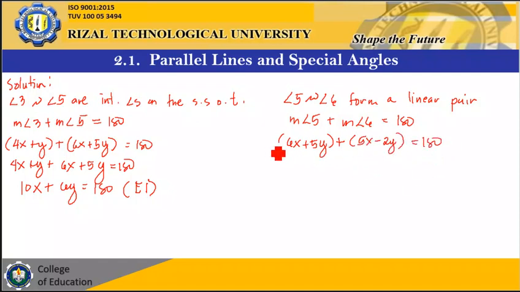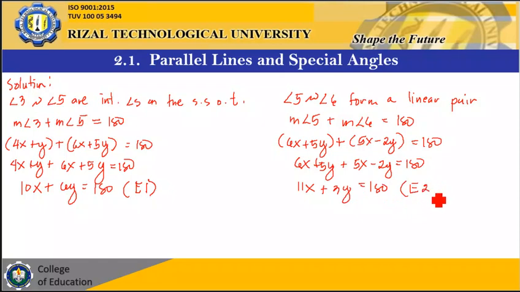Simplifying the expression on the left by removing the grouping symbol, we have 6x plus 5y plus 5x minus 2y is equal to 180. Combining similar terms, what we get is 11x plus 3y is equal to 180. And let's call this one equation number 2.